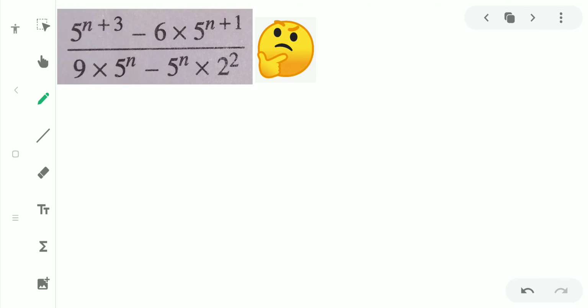So now here we are having minus as the separator in the numerator and minus here also as the separator of the denominator.